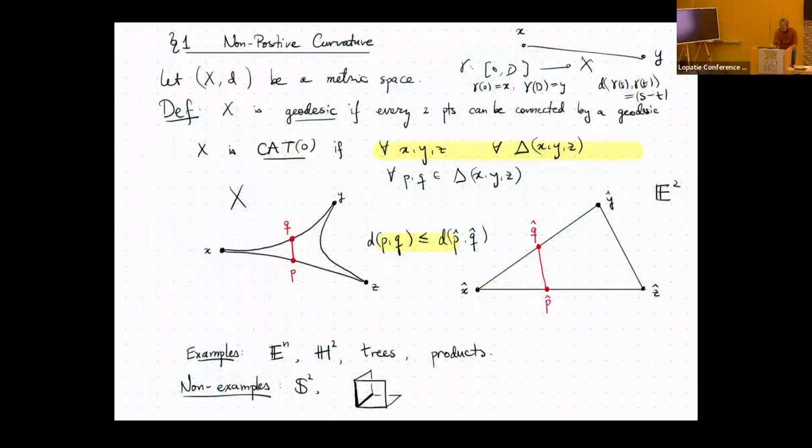Yes, so first of all, I choose x hat, y hat, and so on, so that they have the same distances as x, y, and z. And the same for P. So P hat, the distance from P hat to x hat, for instance, should be the same. Along the same geodesic, I can take the corresponding point.